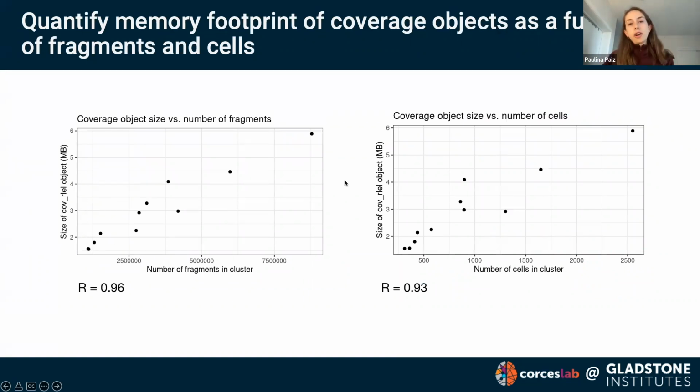Then on your right, you can see the number of cells in the cluster mapped to the size of the coverage RLE object in megabytes. And so even though both have an upward trend, what I hope you can appreciate is that there are only a couple megabytes compared to the 2 gigabytes that one arrow file was. And so we were very happy to see this.